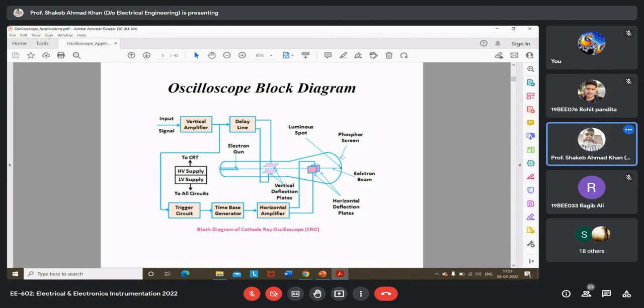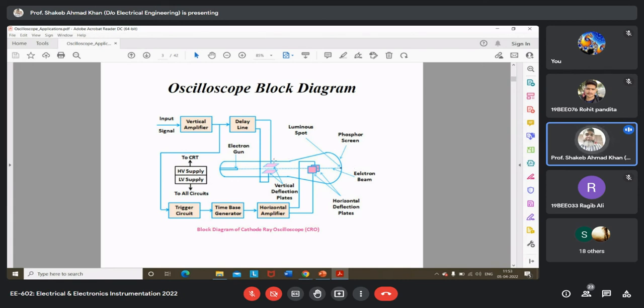It has an electron gun which emits an electron beam. When this electron beam strikes the phosphorescent screen, because it has kinetic energy, the energy is absorbed by the coated material of the screen, and then it glows. That glow is seen from outside as a trace or a point.